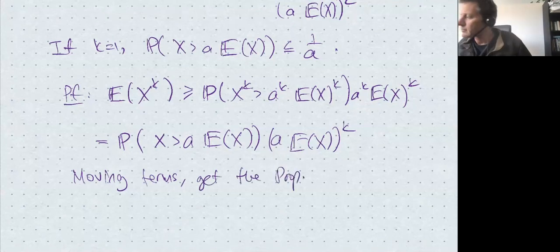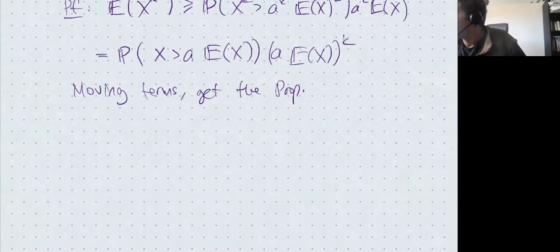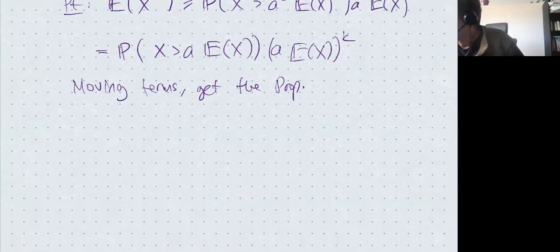Okay. So if I move this over to the other side, I get that this is less than or equal to this divided by that, which is exactly what we wanted. Okay, so that's the Markov or Chebyshev inequality, which we're going to use today.